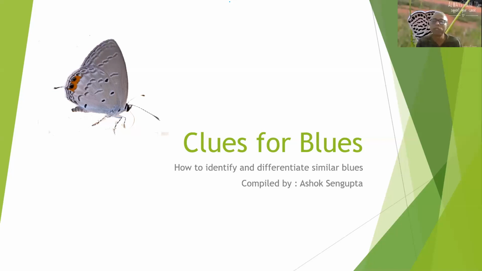There are species which are really distinct from each other, and we will not deliberate upon those blues which can be easily distinguished. We are going to focus on blues which are very similar to each other. If you have questions, we will take them at the end of the session, in a question and answer round.